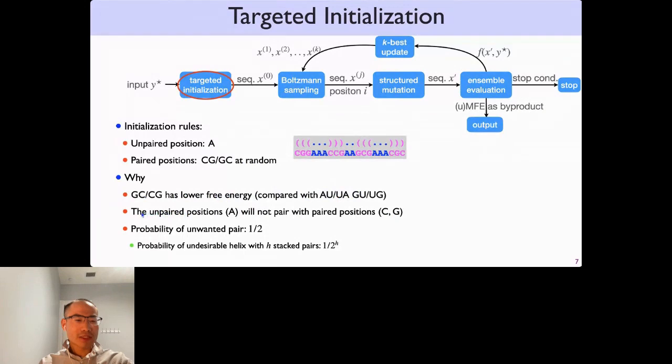And the second reason is that in this way, the unpaired position A will not be able to pair with C or G. Moreover, the probability of an unwanted pair happening would be 1/2 because it's either C or G. The probability of an undesirable helix with H stacked pairs would be 1/2 to the power of H, which is extremely low.